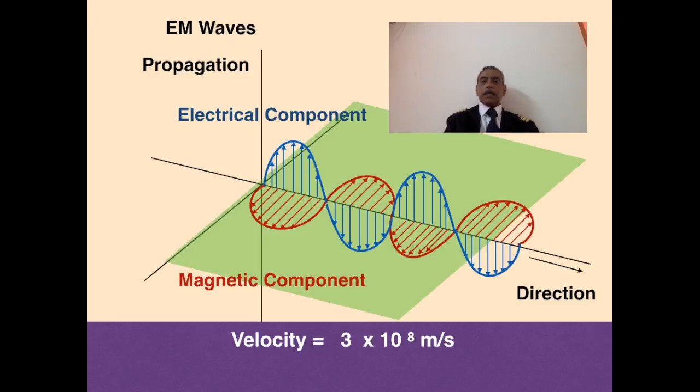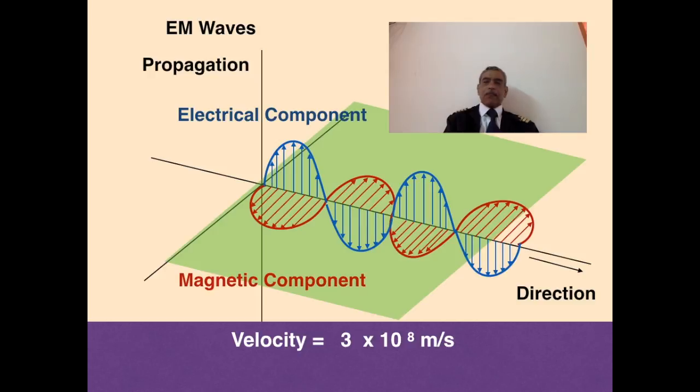We also learnt that they travel at 90 degrees to each other generally, and at a constant velocity of 3 into 10 to the power 8 meters per second. Well, not exactly, but at this stage of study, we can assume that it is constant at 3 into 10 to the power 8 meters per second.